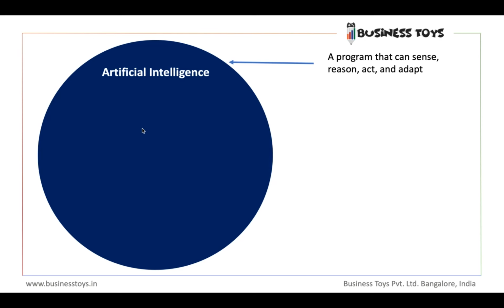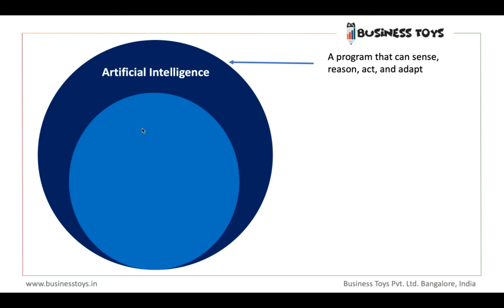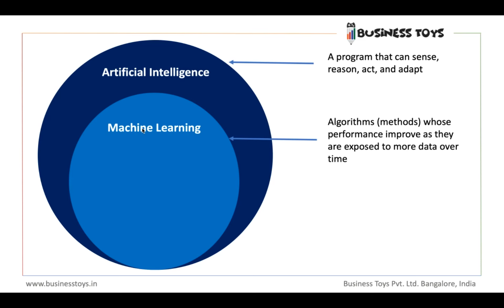All right. Next, what comes under this is something called machine learning, right? Machine learning has a list of different statistical tools, mathematical tools or methods.